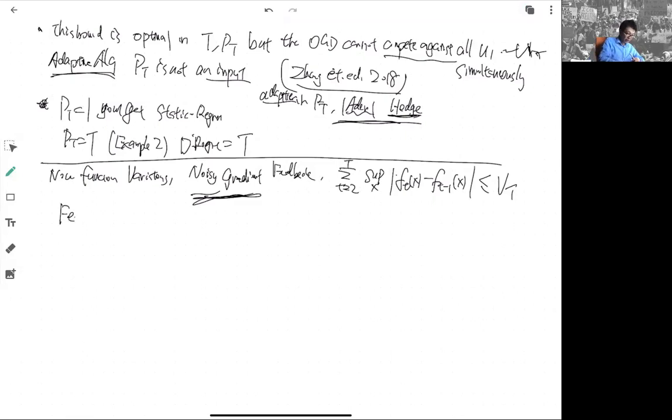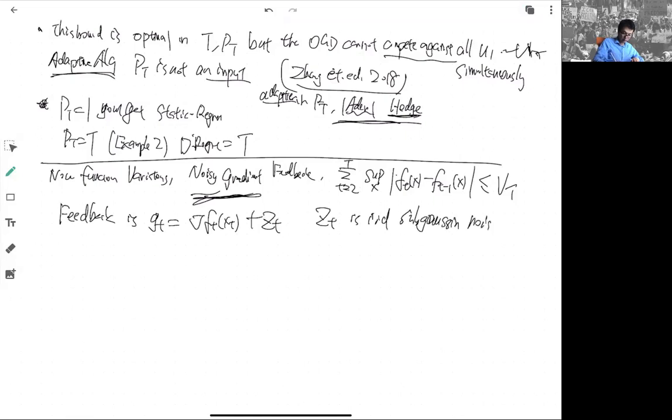And again, the feedback model is you get gt equal to the gradient at the location that you choose plus additional noise, and this vt is independent sub-Gaussian noise. Actually, it doesn't have to be identically distributed.